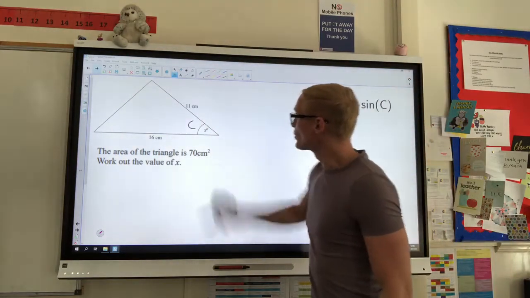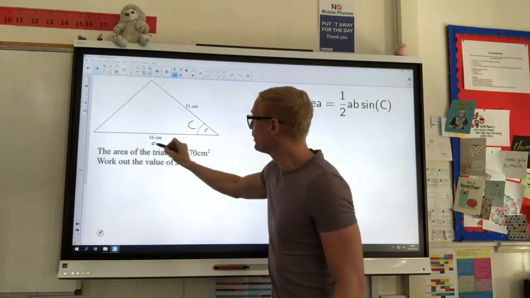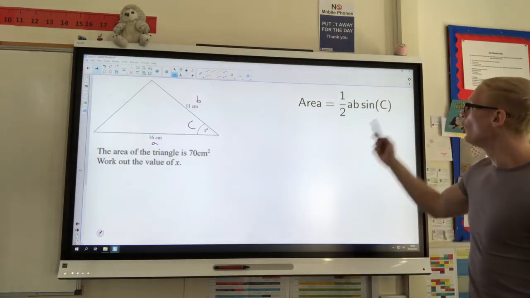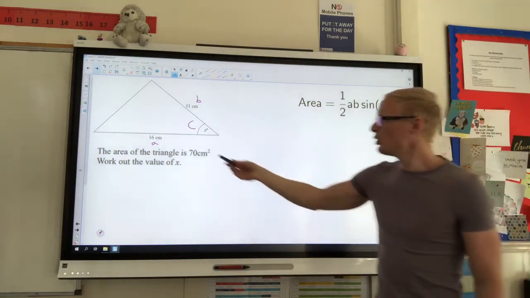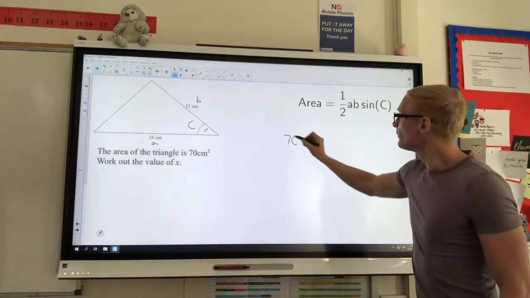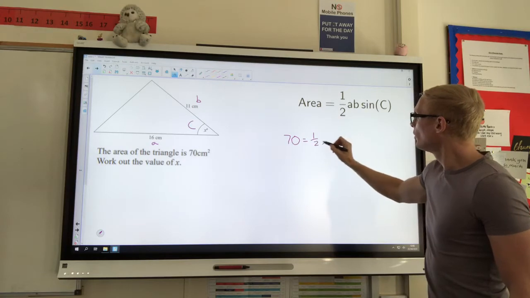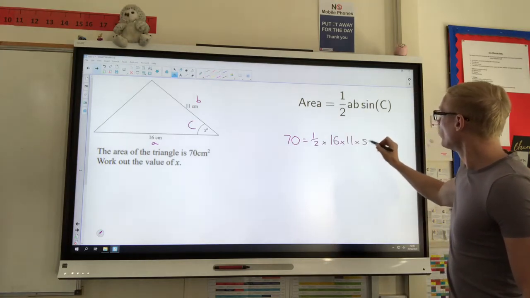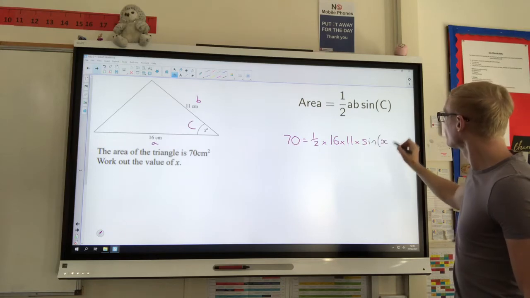So capital C there, then again A and B, doesn't matter which way around it is. And we're going to substitute what we know into this formula. We do know the area this time, so we're going to write that in. So we've got 70 is equal to a half, multiplied by 16, multiplied by 11, multiplied by sine of x.